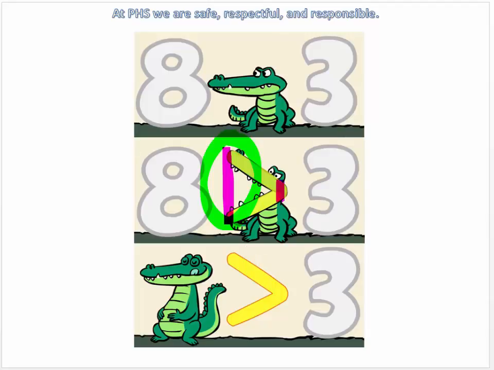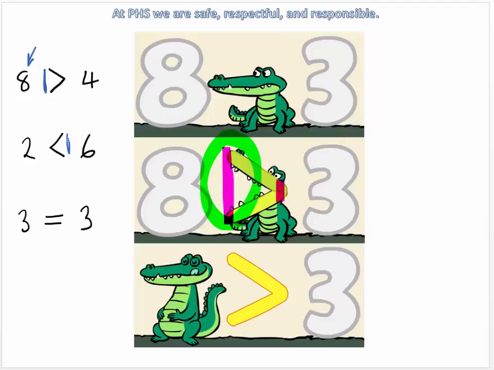Okay, now let's have a look at a few examples. So we've got 8 and 4, 2 and 6, 3 and 3. Okay, well 8 is greater than 4. 2 is less than 6, and 3 is equal to 3. Now let's take a look at those gaps. So here, the bigger gap is on the bigger number.